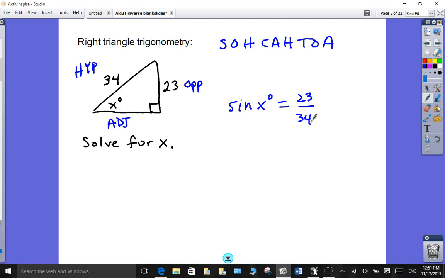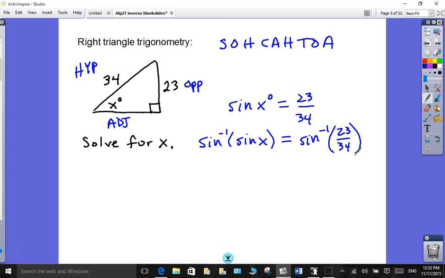This is what you did. You may not remember doing it, but you did it this way. You took the sine inverse of both sides: sine inverse of sine of x equals sine to the minus 1 of 23 over 34.